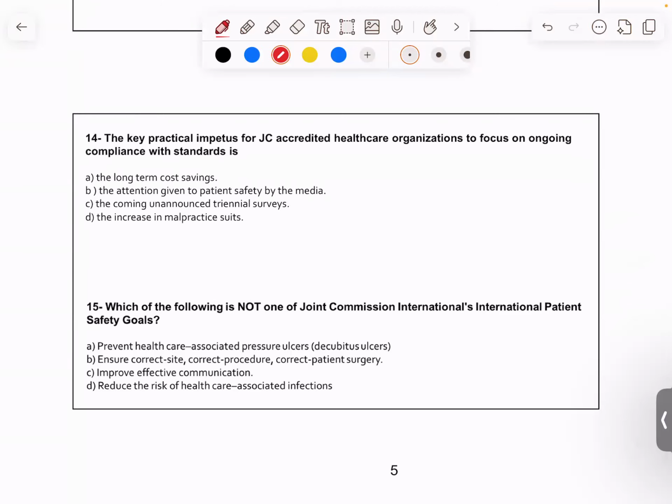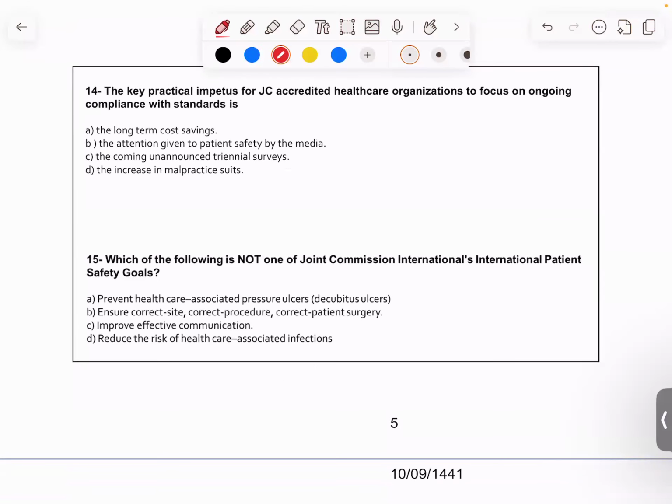Number 14. The key practical impetus for JCI accredited healthcare organizations to focus on ongoing compliance with standards is: A, the long-term cost savings, B, the attention given to patient safety by the media, C, the coming unannounced triennial surveys, D, the increase in malpractice suits. What's the answer here? One of the key factors in ensuring continuous compliance with standards is the unannounced triennial survey.